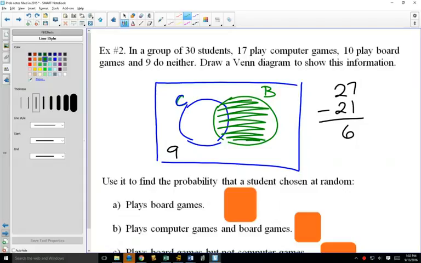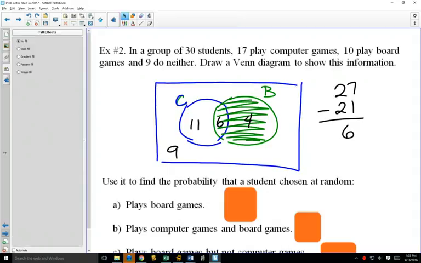Does that make sense? So then we could have done this 11 next, and then said, well, this whole circle has to be 17, then get this 6, then get this 4. Or we could have done the whole blue and said, that's 17. 17 and 9 is 26. How many are left for this? Has to be 4 in order to add up to 30.